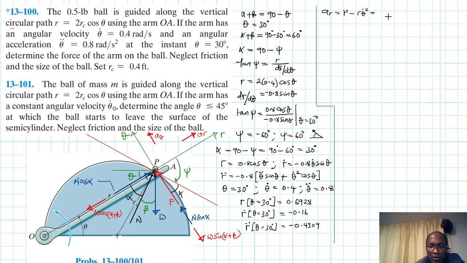a r is r double dot minus r theta dot squared.